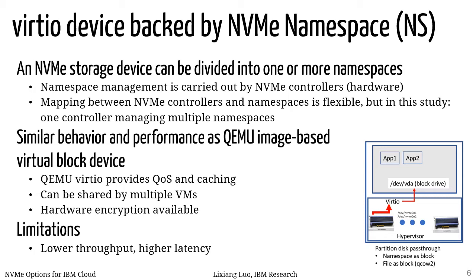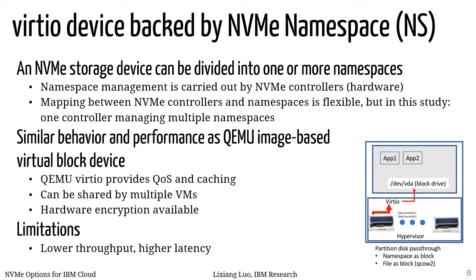Now let's go back to how QEMU implements the VirtIO devices. It is actually quite similar for VirtIO to use image-based storage backing or an NVMe namespace as the backing mechanism. In both cases, QEMU VirtIO provides quality of service and caching.